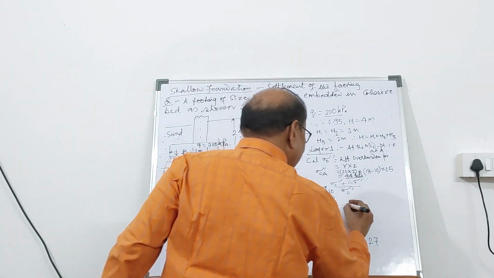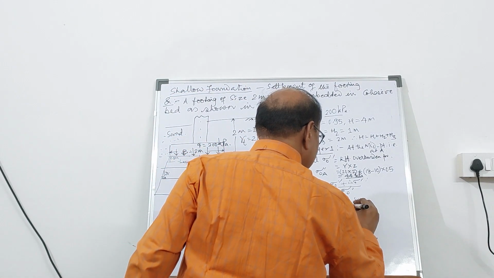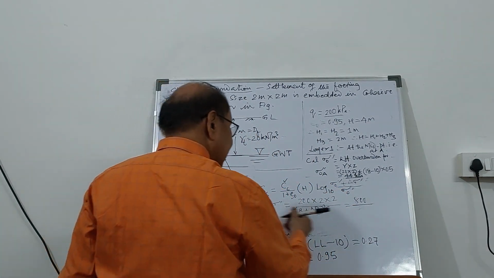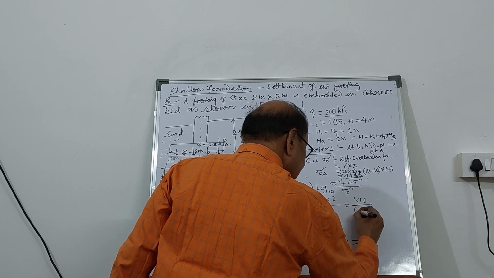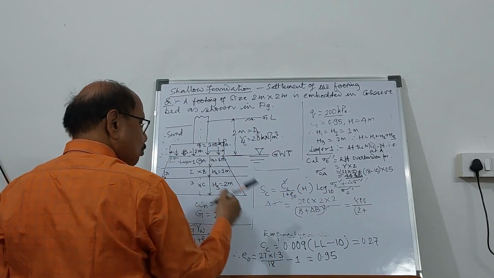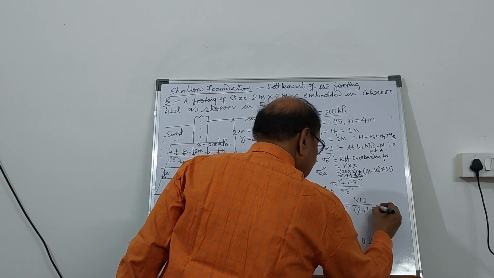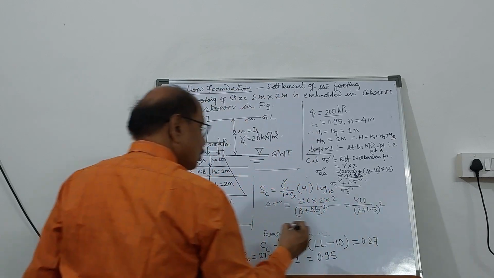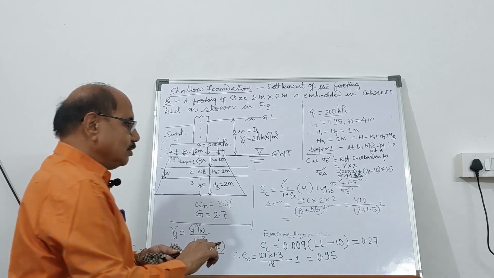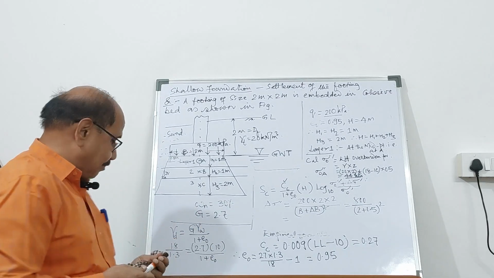So this is going to be 200 into 4, 800, and B is 2 meter, plus delta B is 0.5, whole square. So if you calculate it for layer 1, you will be able to get the value of delta sigma prime.